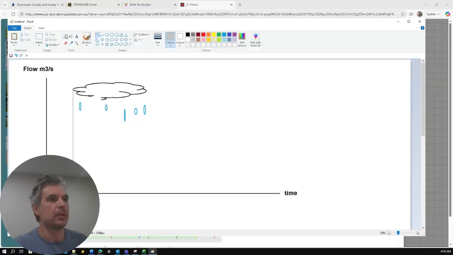But after a little bit of time on the ground, the water will generate some flow, and we typically represent it like this. Let's make it blue, and then like this.